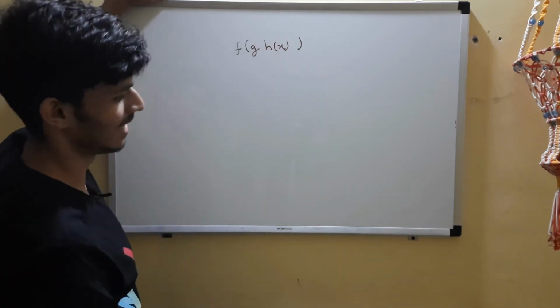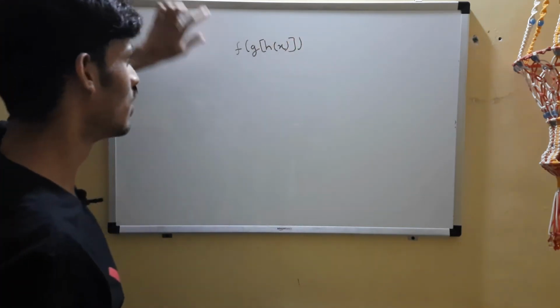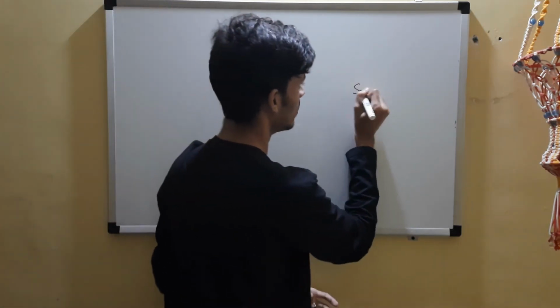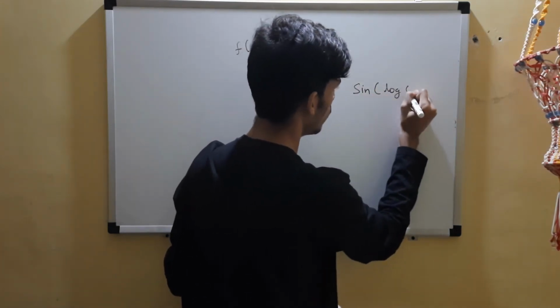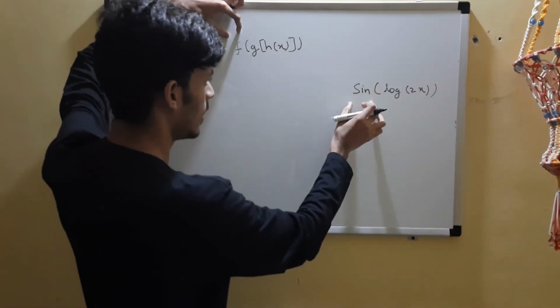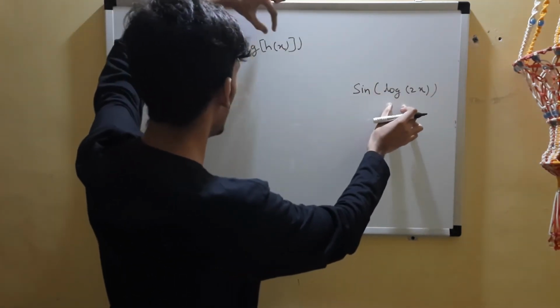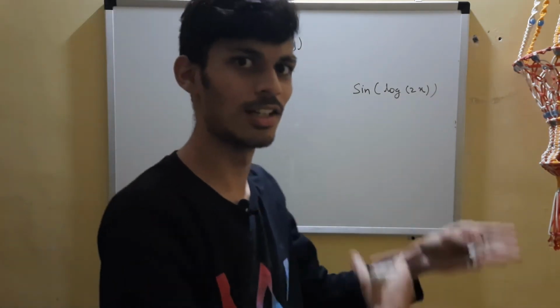What is this? Suppose you have a function like this, sine of log of 2x. Now can you relate that? F is this sine, g is this log, and h is this 2x. So you have function within function within function.